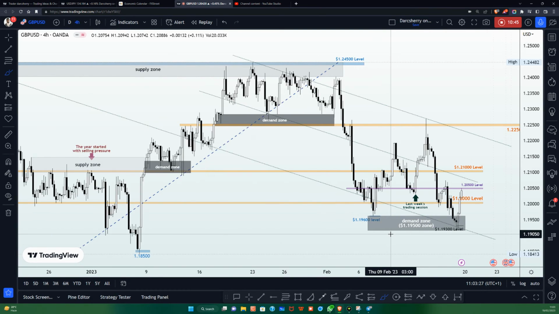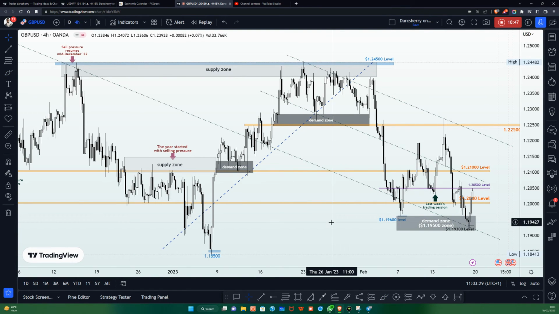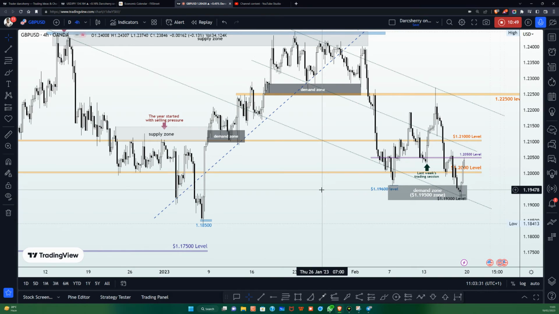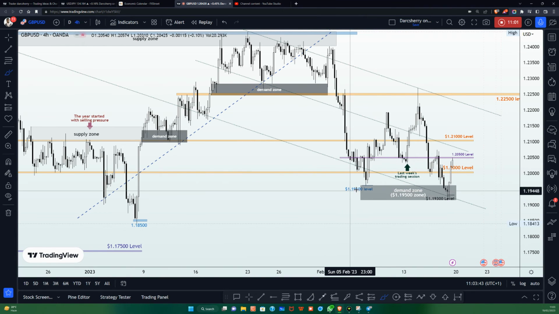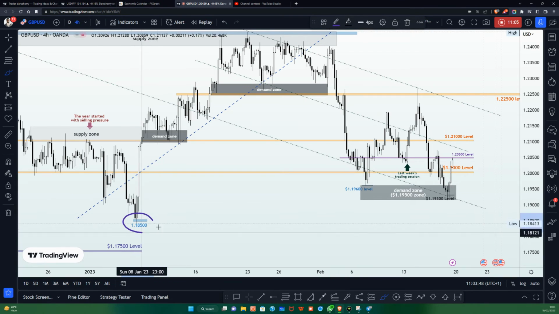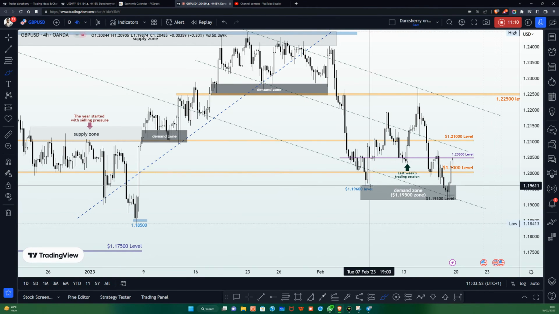However, there is something that caught my attention, and that is the fact that remember we had the demand zone identified on the daily time frame. And another thing here is that the lowest point price has been this year is the 1.18500 level. What you can see afterwards is that price has been unable to break this previous low, as every attempt by the sellers to go further down has been negated by buying attempts.